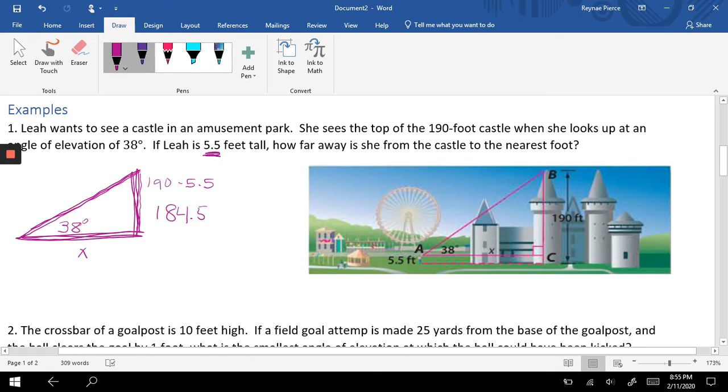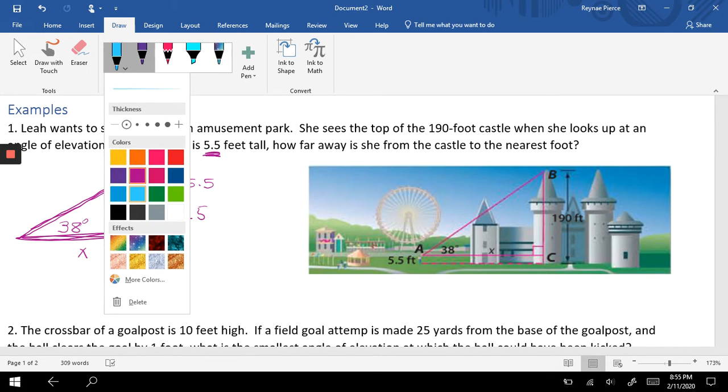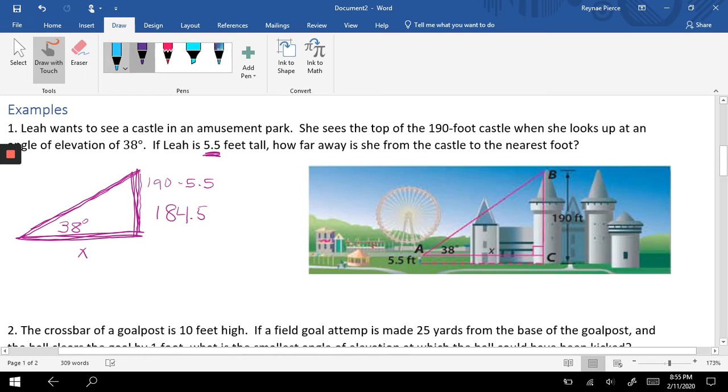Now here we are going to label, that's our right angle, so this will be our hypotenuse. Here's our angle. Across the triangle is the opposite. Right next to it, from the angle's vertex to the right angle, that's the adjacent side.